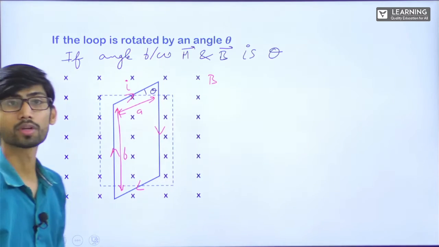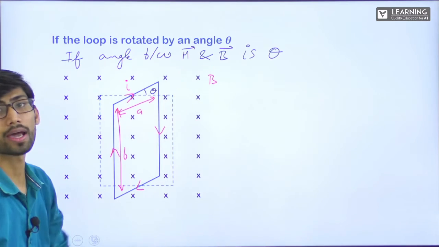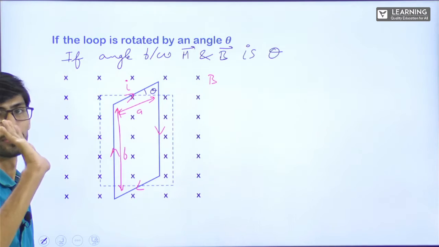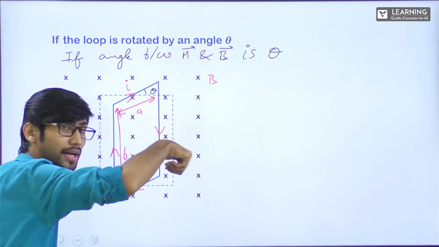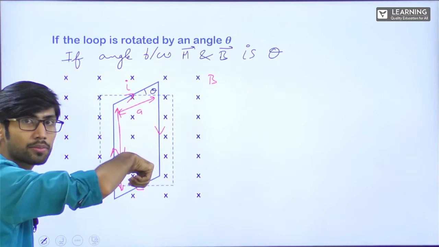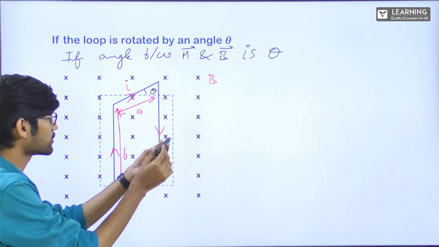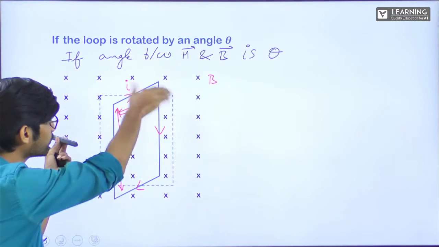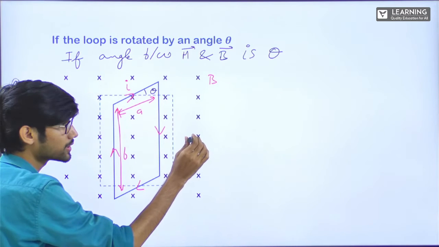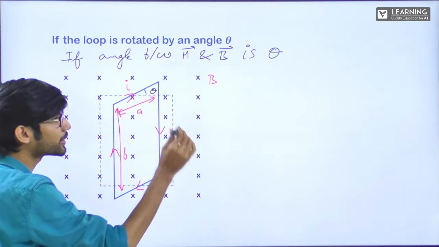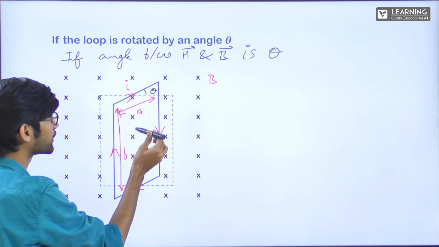Now see, what is the direction of magnetic moment? Curl the fingers in the direction of the current in the loop, then thumb will give the direction of magnetic moment. This time magnetic moment is not like this, it is like this, perpendicular to this loop. Earlier M was like this. Now if this loop is rotated by theta, this M will also be rotated by theta.